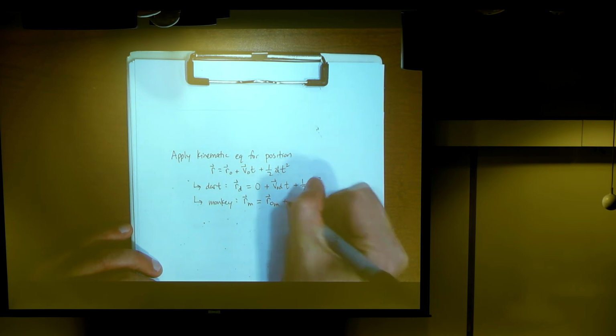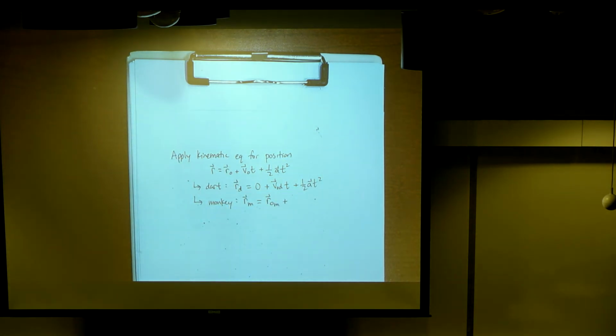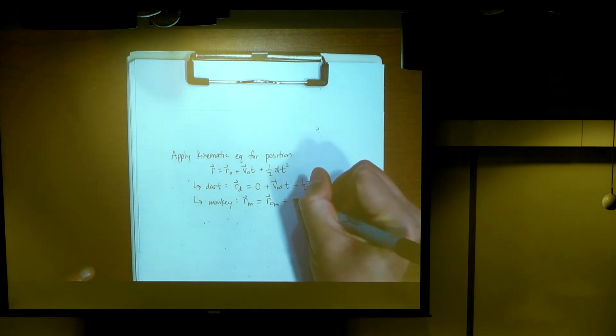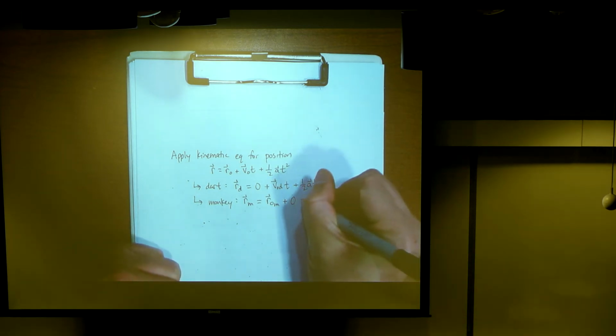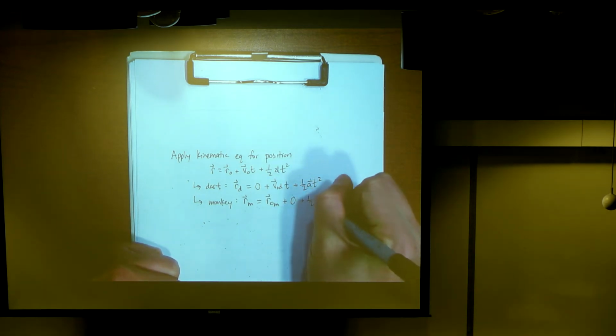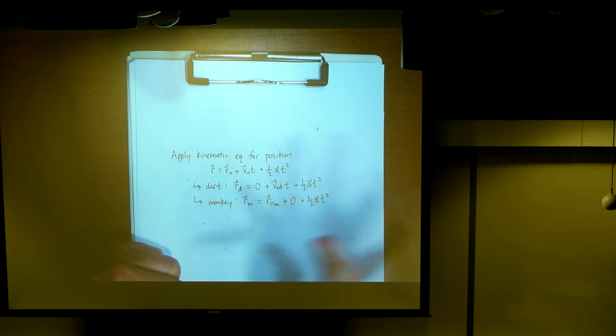But what can we say about the initial velocity for the monkey? It's 0. The dart has some non-zero initial velocity, of course, but the monkey just lets go of the branch, so it has 0 initial velocity. And then I'll put 1/2 AT squared for the acceleration due to gravity.